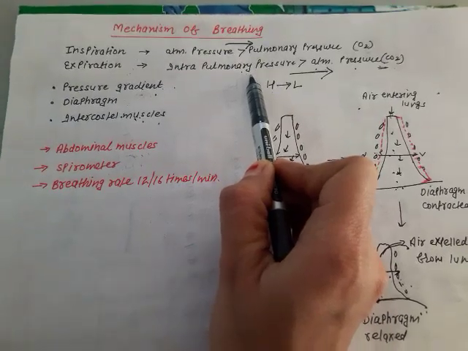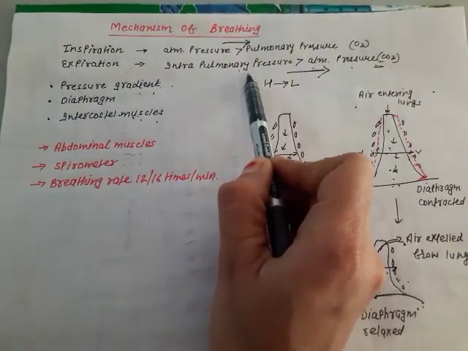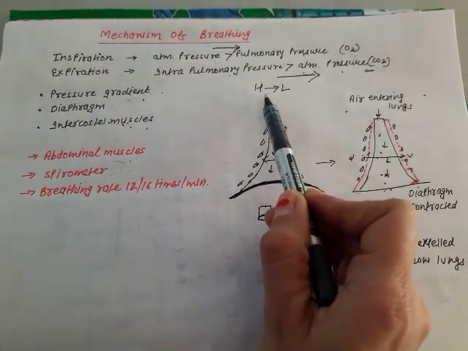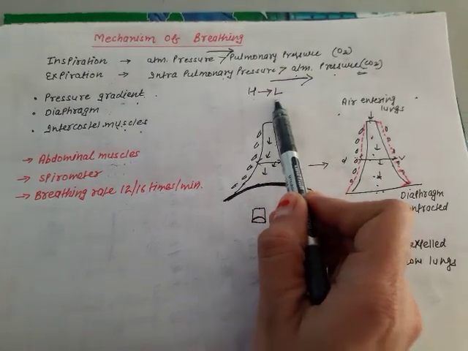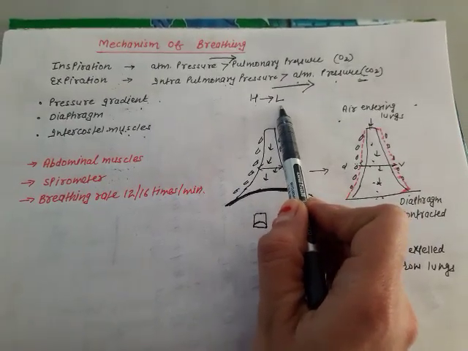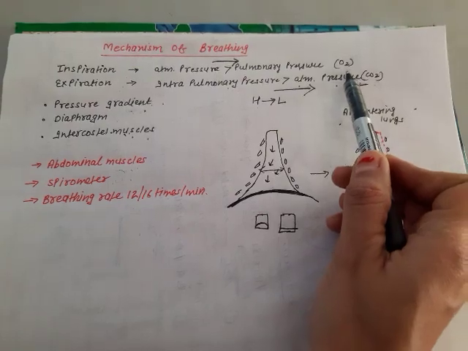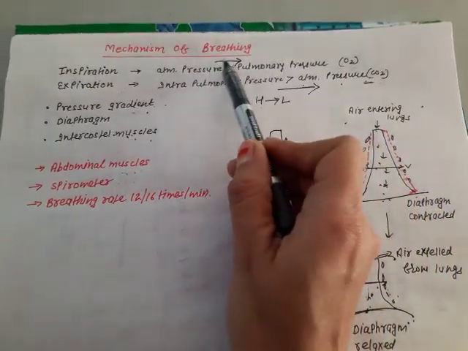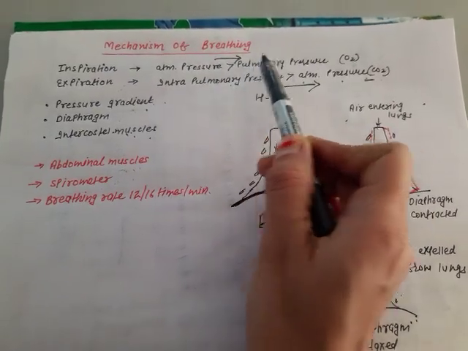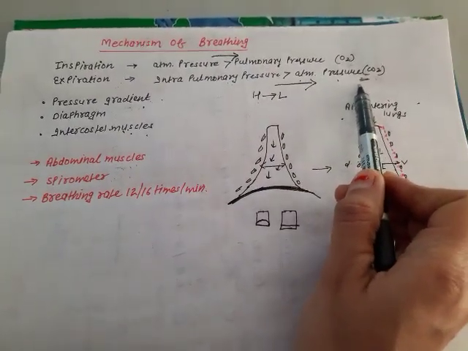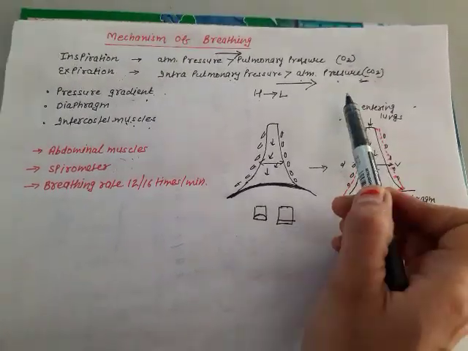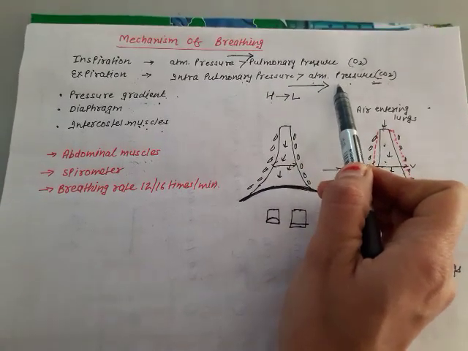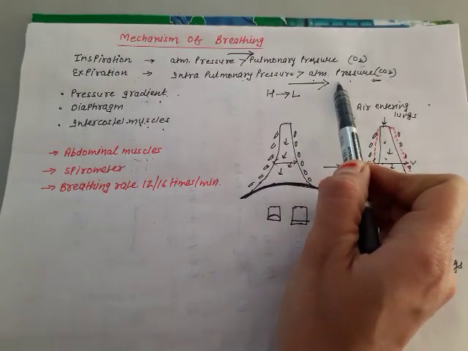So as a result of diffusion, which is a natural phenomenon, we know that diffusion takes place from a region having high concentration towards a region having low concentration. So oxygen during inspiration will diffuse from the atmosphere towards the lungs, but CO2 during expiration will be diffused from the lungs towards the atmosphere. Fine.